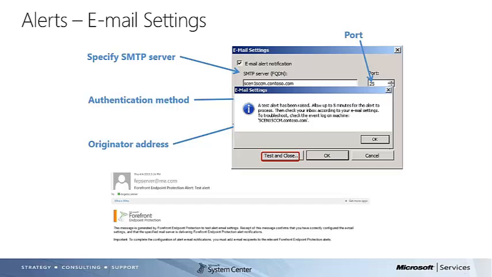The big thing to note here is that if this part does not work with the test email, then all other alert emails will also fail. And this is just a sample of the test alert email, what it would look like. You would see who it came from, which is the FEP server at me.com, see that it's a test alert, and then who it was sent to.